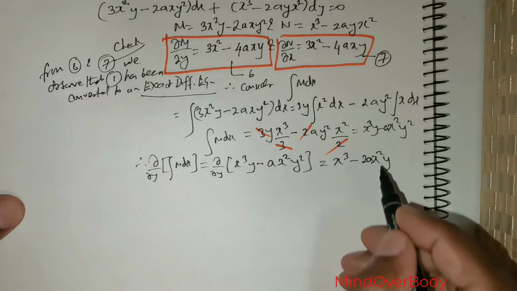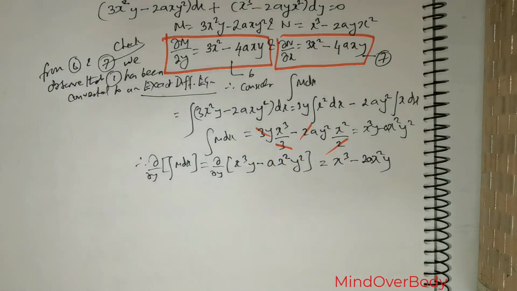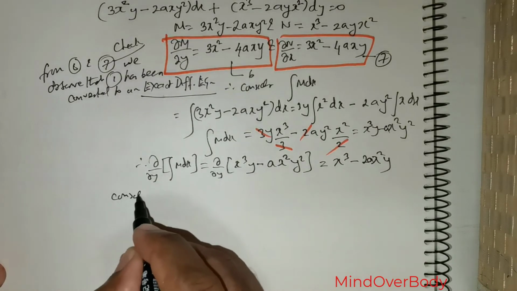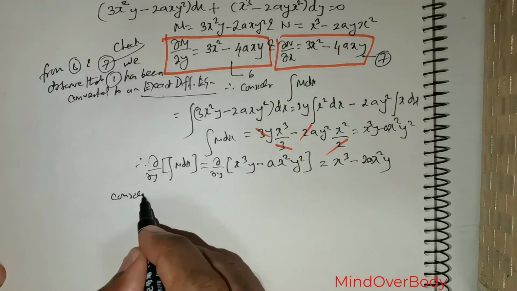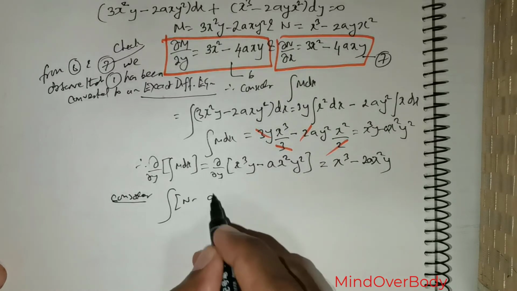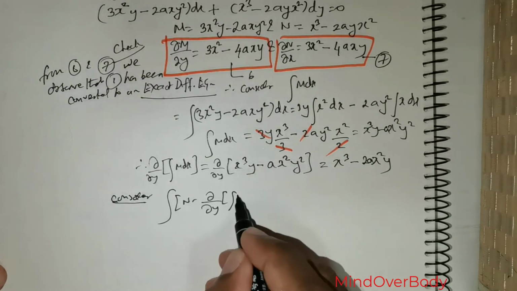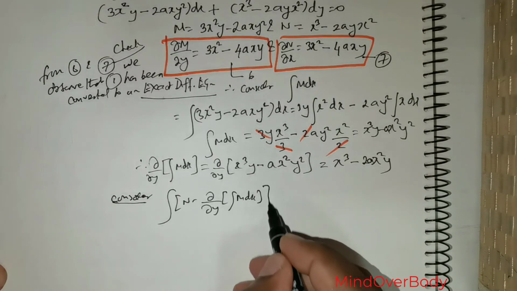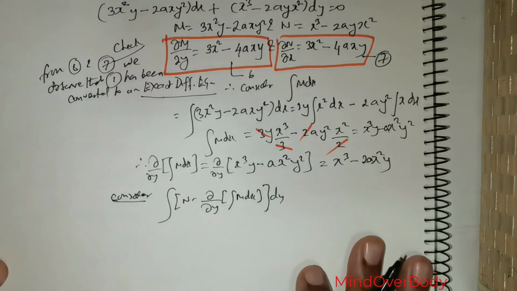Of course, there's an a there, so I substitute that a there. So now we need to obtain, I would say, consider the integral of N minus dou over dou y of integral M dx times dy, right?